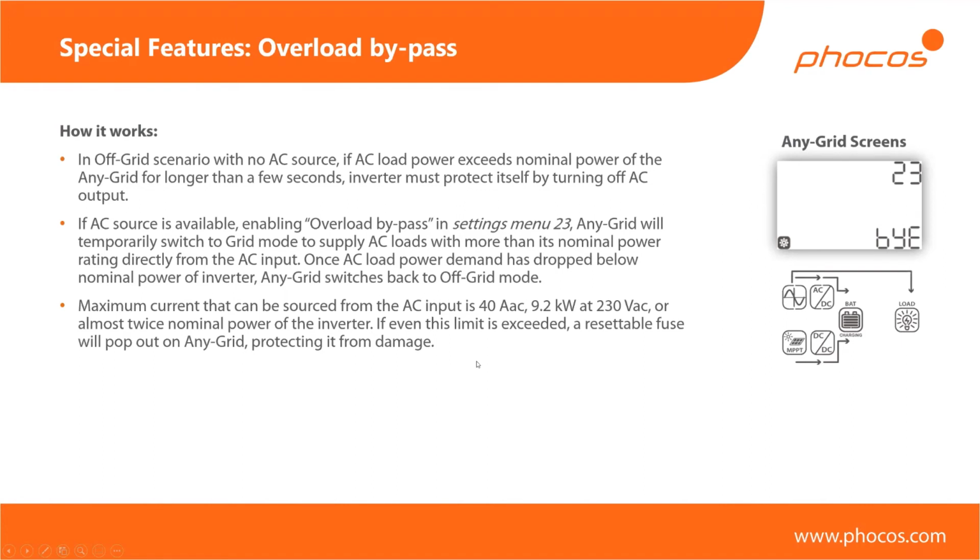If it's being overpowered, it can only turn off to protect itself, or, and that's what the overload bypass permits, it can temporarily switch to grid mode, make sure that your peak is being served from the grid, and then switch back to off-grid mode or whatever mode it should normally be in as soon as you're consuming less than the nominal power. So again, most of the units can handle very roughly twice their nominal power in sourcing from the AC side. So you have a lot of headroom.